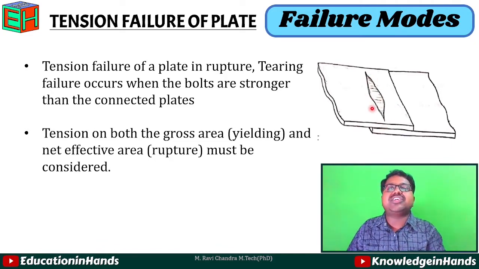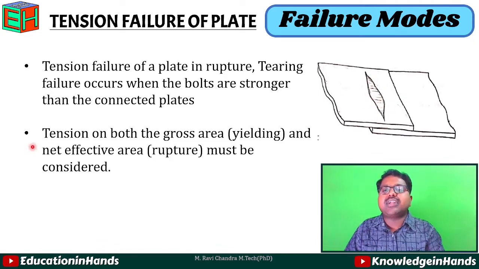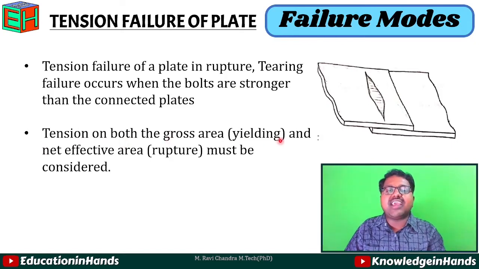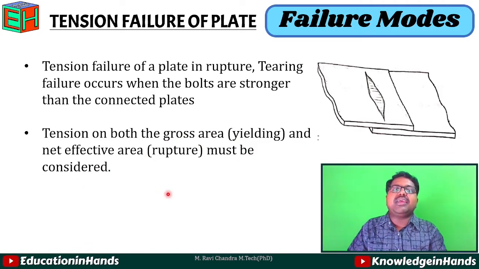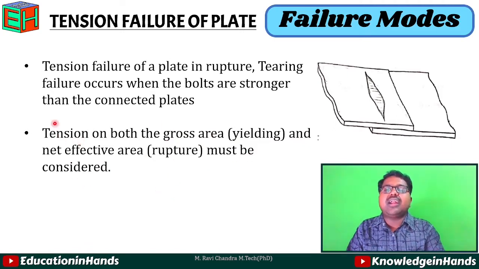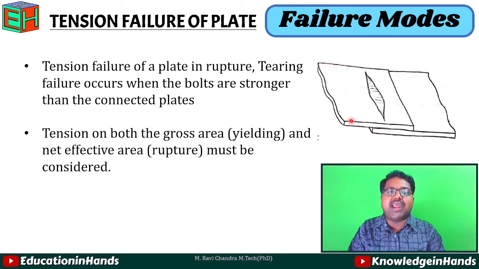This is called tension failure of the plate. Tension on both the gross area, which is yielding, and the net effective area, which is rupture, may be considered. The tension condition is considered on the gross area, meaning the entire plate, and the net area where holes are provided for bolted connections. In both places tension should be checked in a plate for tension failure.